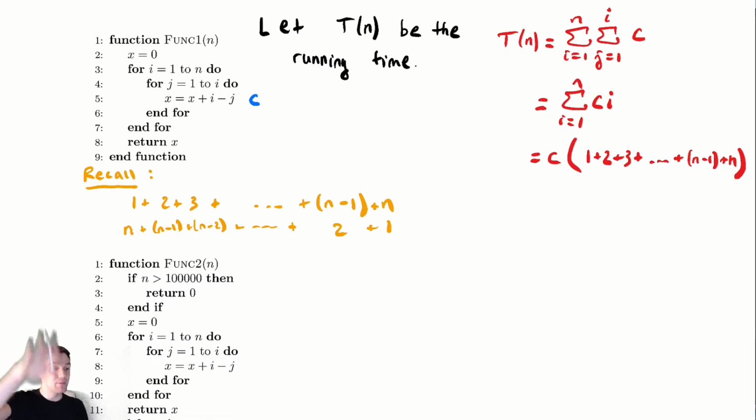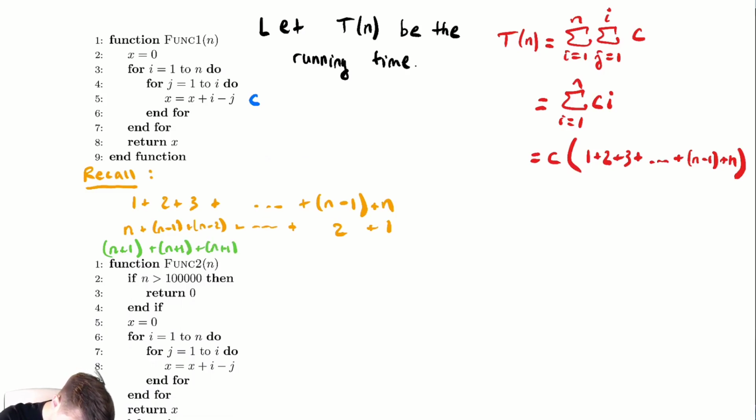If I was to add up those two summations, the first term would be n plus 1. n minus 1 plus 2, that's n plus 1. n minus 2 plus 3, that's n plus 1. Plus n plus 1, plus n plus 1. Every single term is n plus 1.